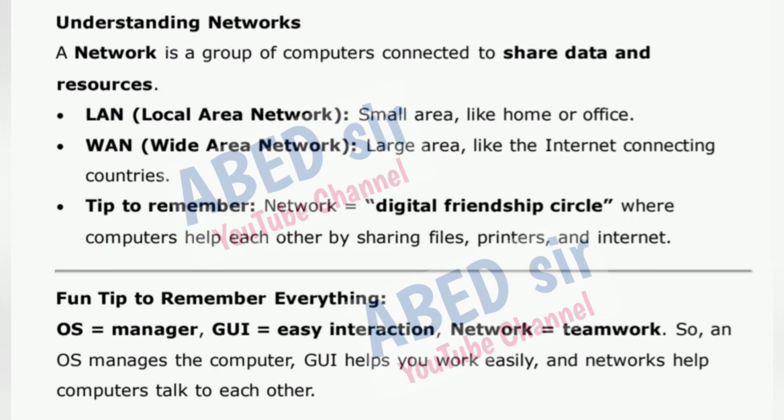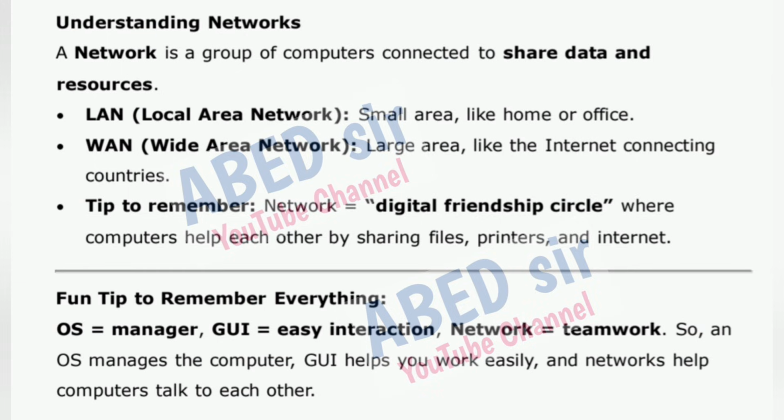Understanding networks. A network is a group of computers connected to share data and resources. LAN, local area network, small area, like home or office. WAN, wide area network, large area, like the internet connecting countries. Tip to remember: network is equal to a digital friendship circle where computers help each other by sharing files, printers, and internet.